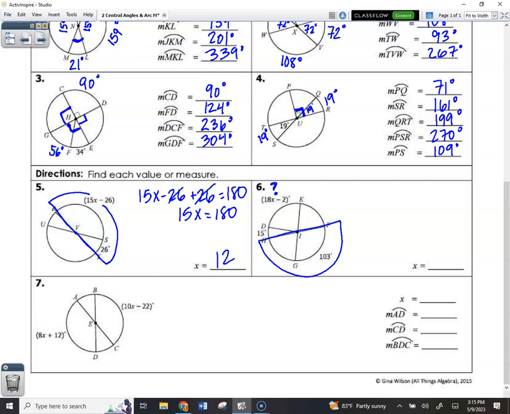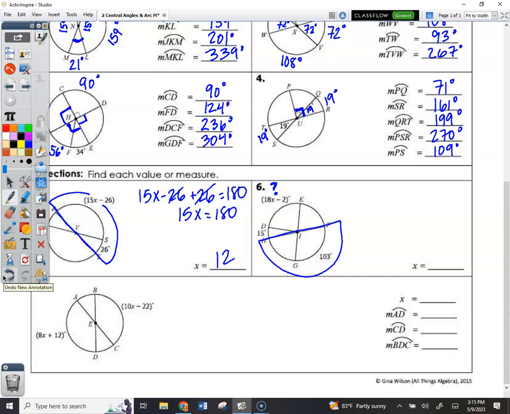So this is 103, which means I could find HG. 180, right? Semicircle. Minus 103 is what? 180 minus 103. 77, right? Okay.